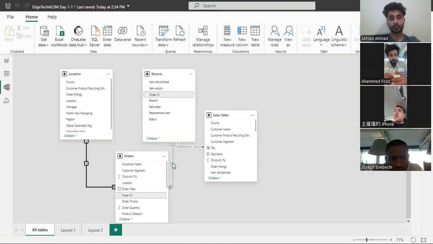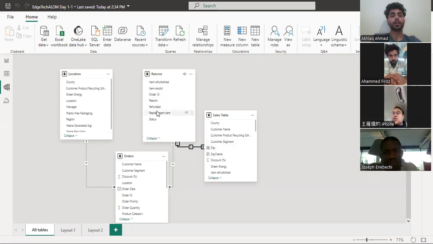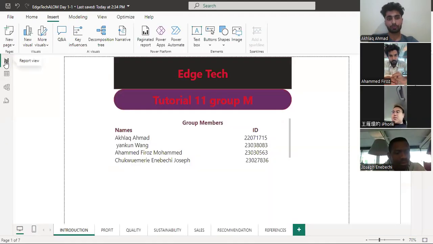Secondly, if we look at the connection between these two, the order IDs are included in both, so we can make a relation in the Power BI report between these two as well, and also between these two. So let's go back to our report view.